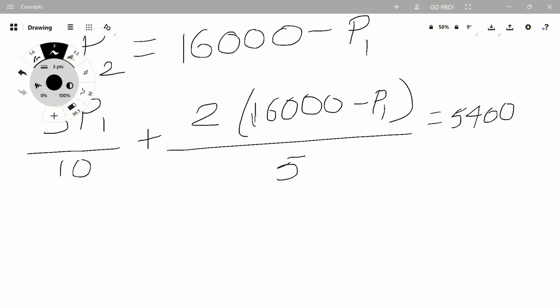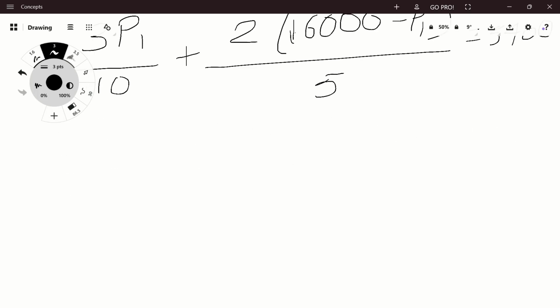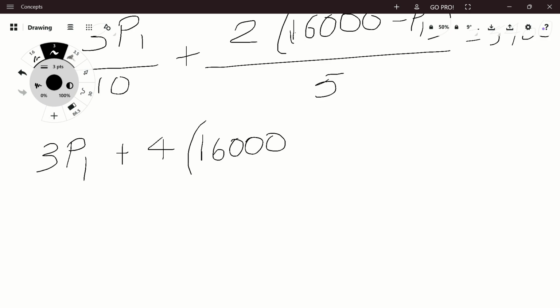Now multiplying this entire equation by 10 to clear the denominators, we get 3P1 plus 4 into 1600 minus P1, which is equal to 54,000.